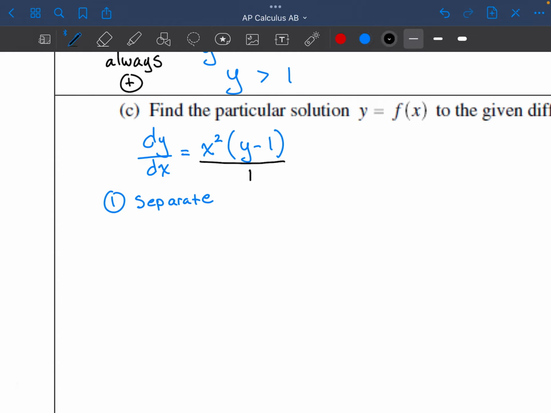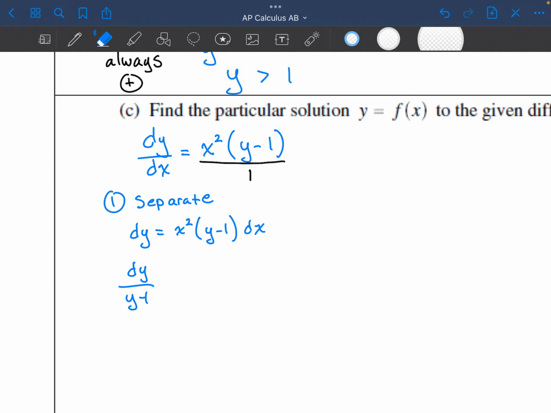So when I cross multiply, I'm thinking of this thing as being divided by 1. I'm going to get this dy times 1 first of all, and that's going to give me a dy. And then cross multiply the other way, and I'm going to get an x squared times y minus 1 times a dx. Still not separated, so I'm going to divide both sides by y minus 1, and I'm going to get dy over y minus 1, equal to the leftover, which is x squared dx.